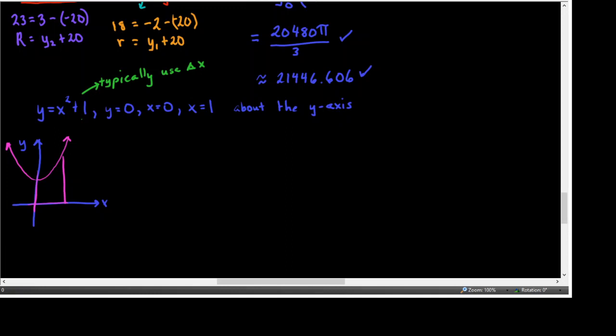And actually the other technique is way easier than this one, and we'll see this same example in a later section. I think it's the next section, in fact, where we do this same problem but use delta x and we go, wow, that's so much easier than what I'm about to talk about. The reason you want to use delta x is this problem is way better. But we were told to use delta y, so that's what we're going to do.